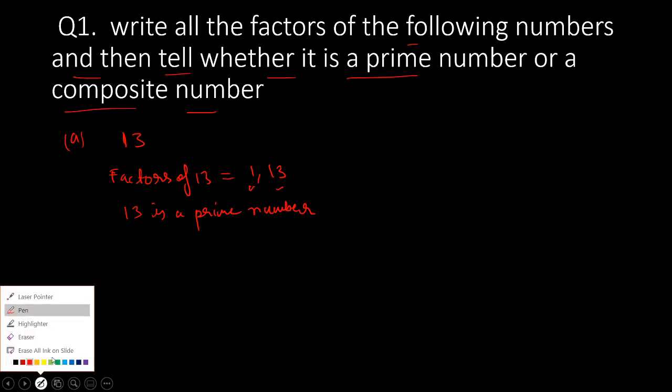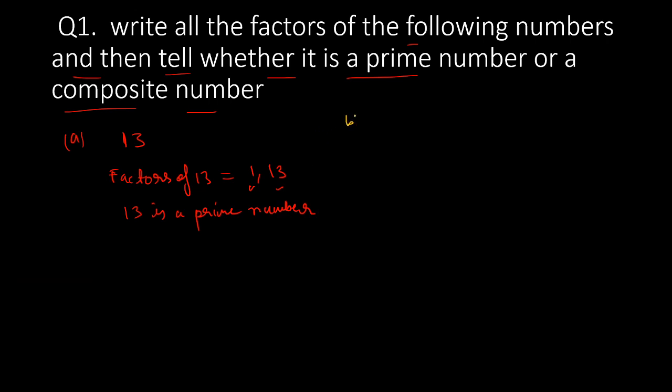B part says 36. Now write the factors of 36. So factors of 36 is equal to 1, then 36 can be divided by 2, then 36 can be divided by 3, then 36 can also be divided by 4, then 36 cannot be divided by 5, but it can be divided by 6 because 6 sixes are 36.